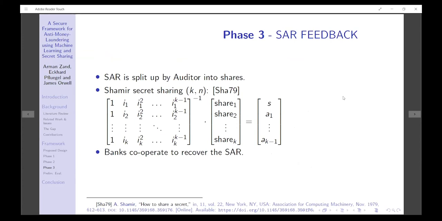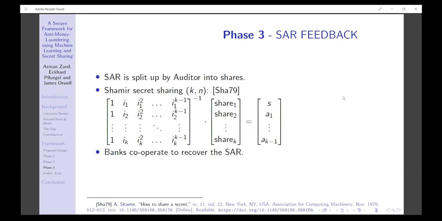So in the SAR feedback, the suspicious activity report feedback is split up by the auditor. What we mean by split up is in secret sharing.